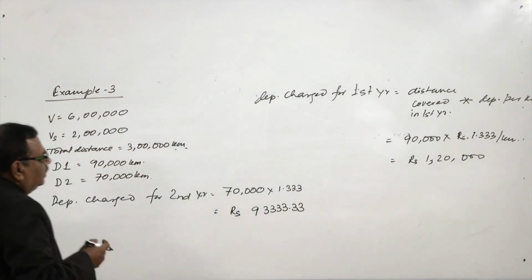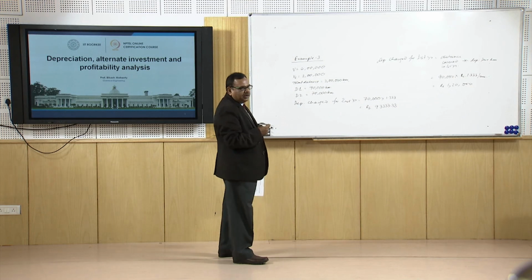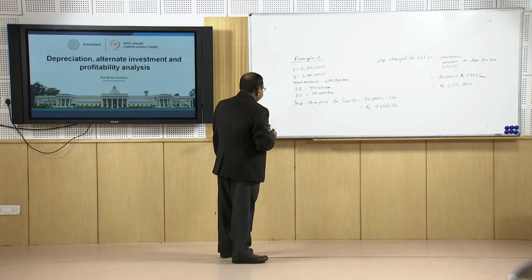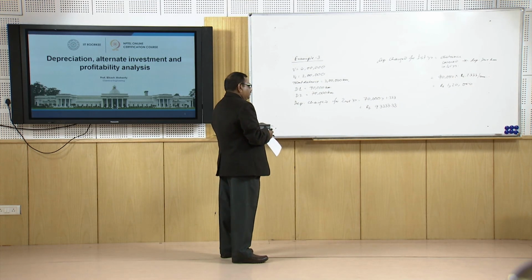So, the depreciation charged for the first year is 1,20,000 rupees and the depreciation charged for the second year is 93,000 rupees.